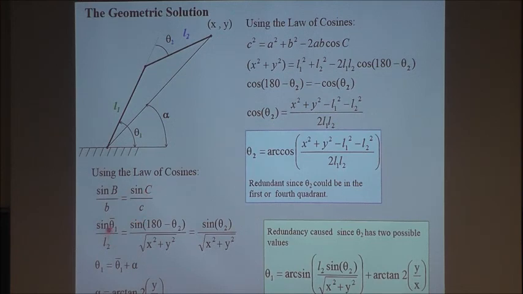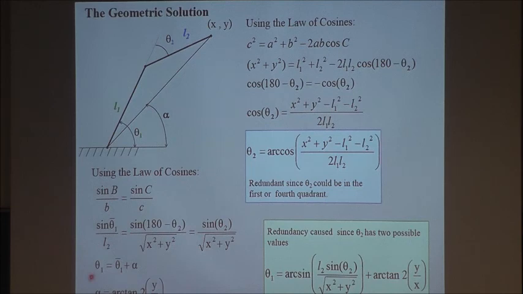Then you have sine of theta 1 over L1, sine of theta 1, which is this one, over L1, is equal to sine of 180 minus theta 2, which is this angle, over this value, the square root of x squared plus y squared, which is also equal to sine of theta 2 over this.